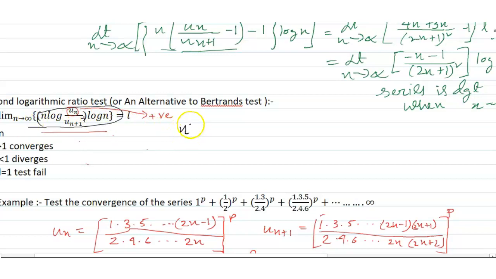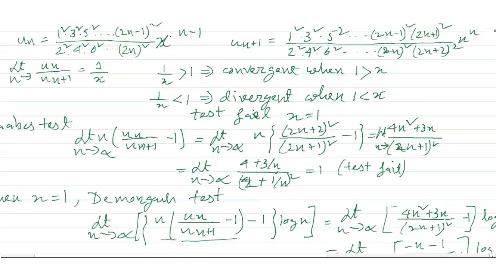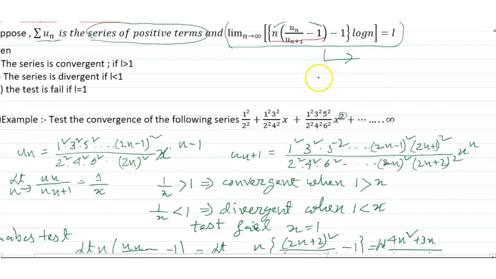The formula is limit n tends to infinity of n into (log of un divided by un plus 1 minus 1) into log n. Simple logarithmic test, minus 1 into log n; Raabe's test, minus 1 into log n.